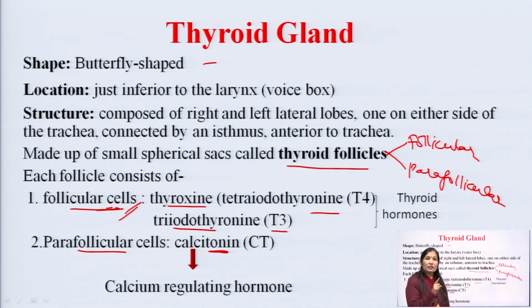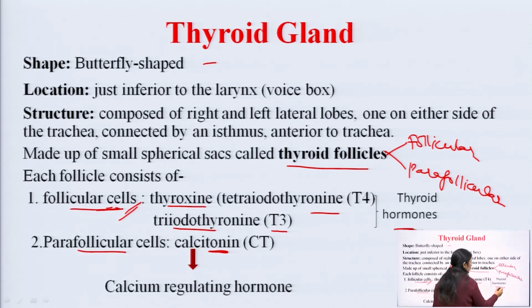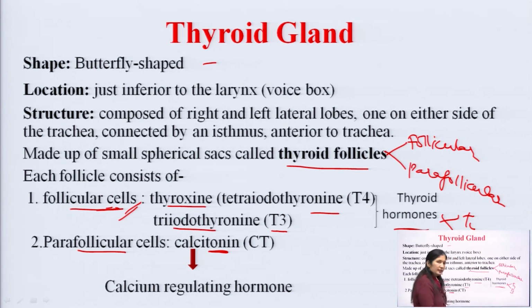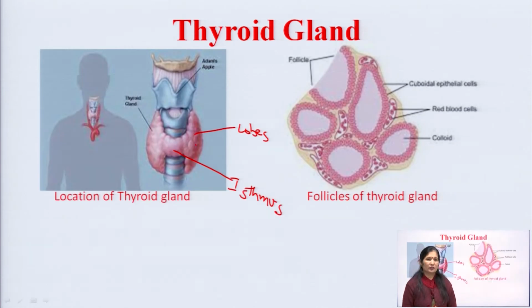Calcitonin is not a thyroid hormone, but it is secreted from the parafollicular cells of the thyroid gland, and calcitonin is a calcium regulating hormone. So, here we will discuss thyroid hormones, that is T4 and T3, how they are synthesized, how they are regulated, and what their actions are.